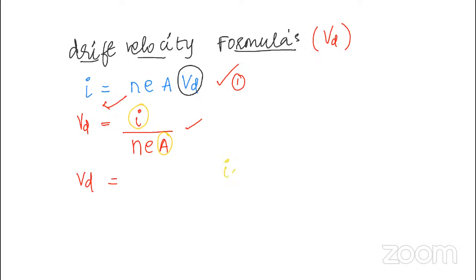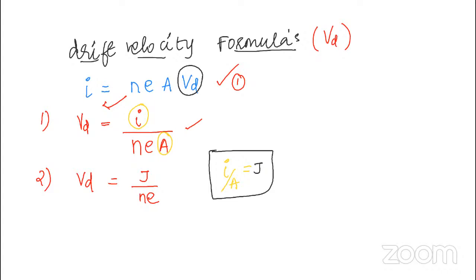I by A is equal to what? J. Yes, very good. So simply I by A is represented as J. So Vd = J by n e. This is another form.